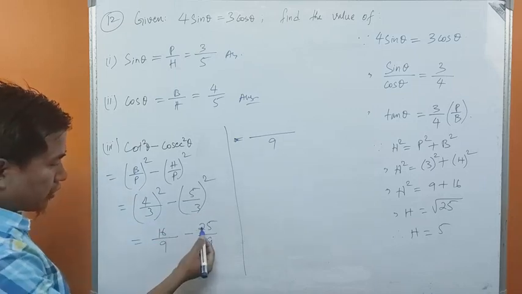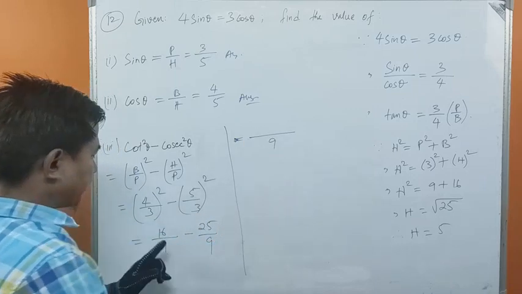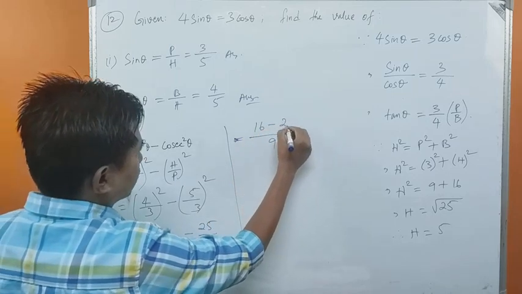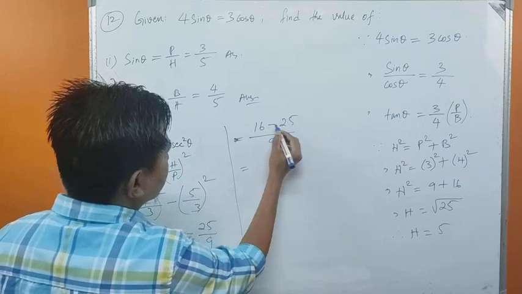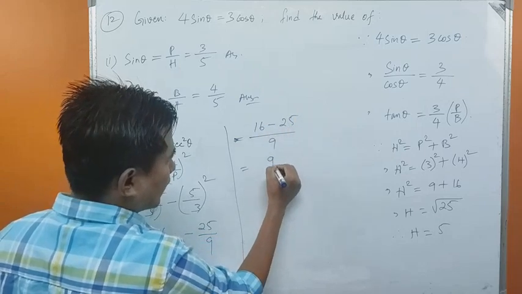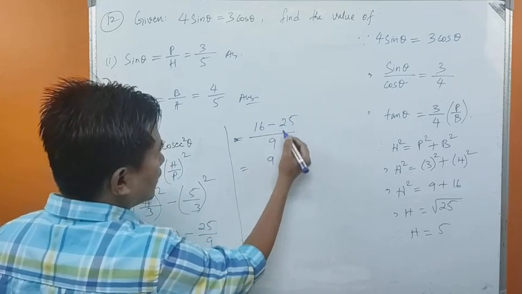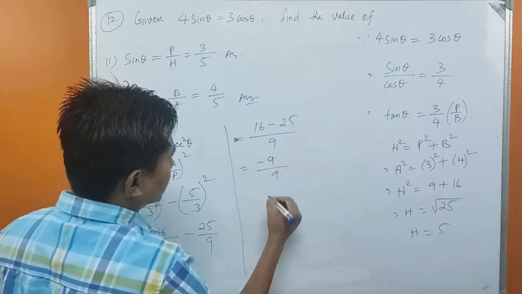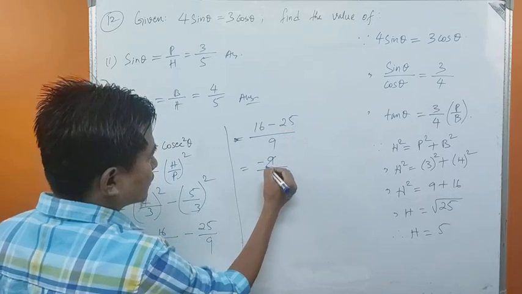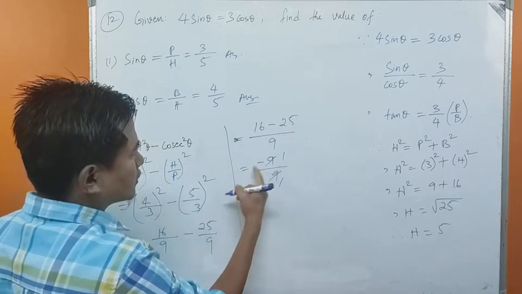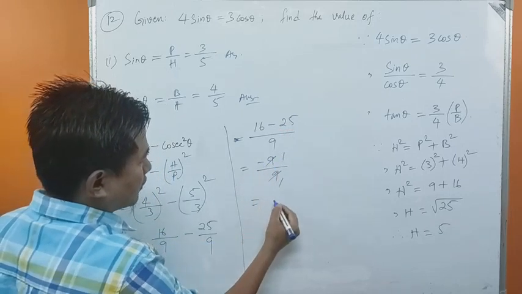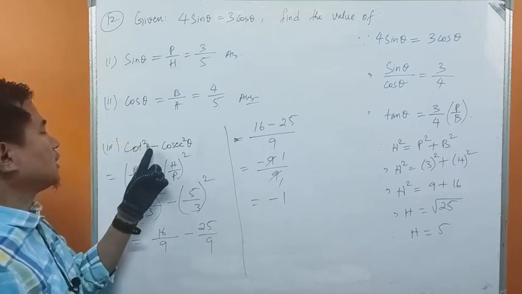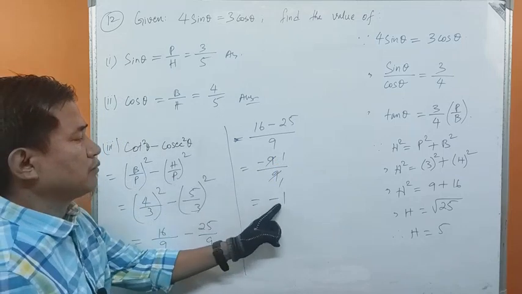Now in the numerator we copy as it is, 16 minus 25. Now 25 minus 16 is 9. The sign of the greater number, that is minus, we write here. This 9 we copy here. So 9 and 9 cancel, 9 ones are 9. So we have minus 1. The value of cot square theta minus cosec square theta equals minus 1.